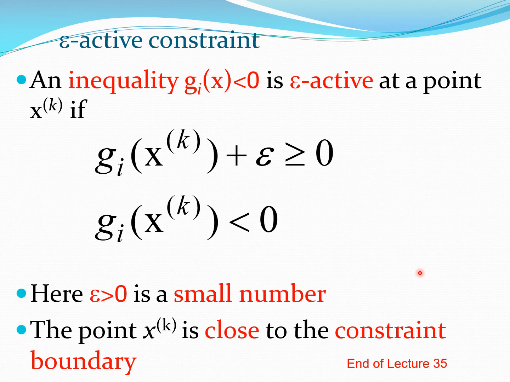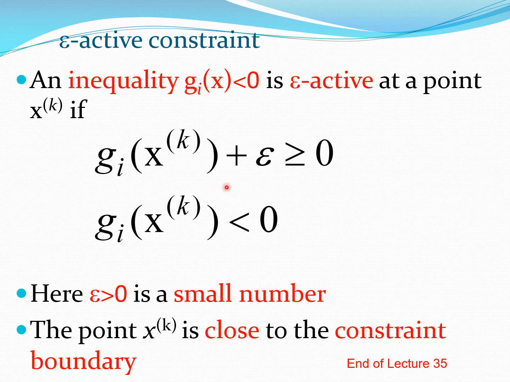Now there is one more concept which is very important in constraint optimization. And this is important because in general, when we mathematically think of a constraint being satisfied, we think of an equation or an expression of the form g_i(xk) is less than 0. But typically, when you are dealing with a computer program, you are at some boundary of the feasible region.